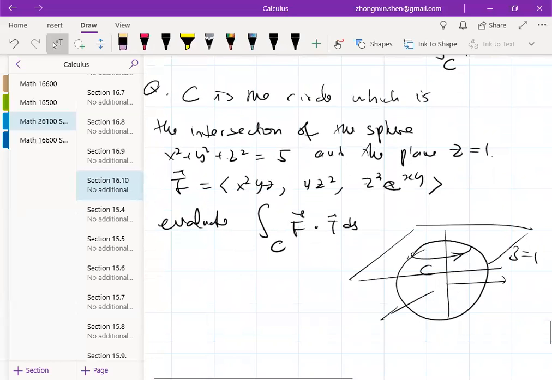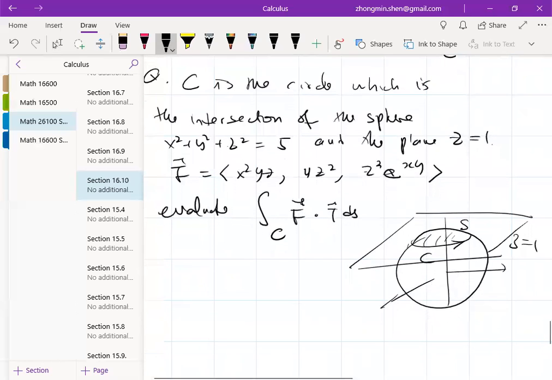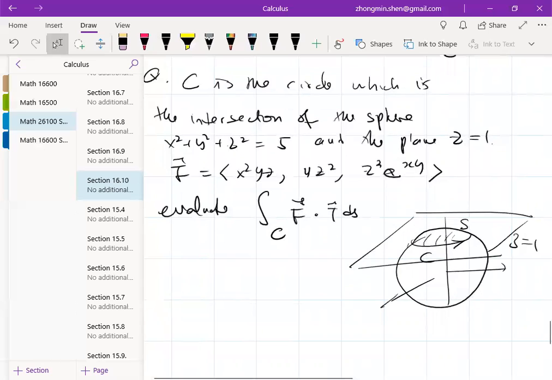Since you are already given the circle this way, it's actually the intersection of the surface and the plane. So you can evaluate this line integral using Stokes' theorem. Change the line integral to a surface integral, not the double integral. Okay, you can change it to the double integral, but the surface is still there. You can use that portion, the S, enclosed by the circle, and let's use a surface integral instead.